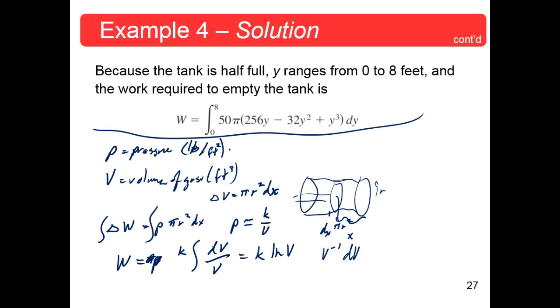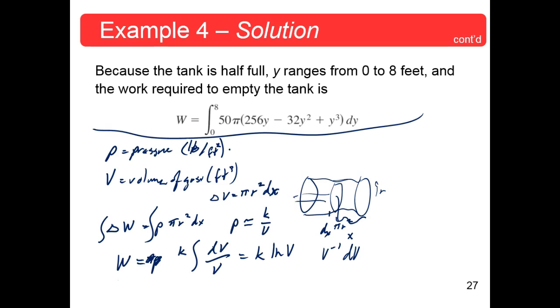So example 6 then is using that. A quantity of gas with an initial volume of 1 cubic feet and a pressure of 500 pounds per square foot expands to a volume of 2 cubic feet. Find the work done by the gas. Assume the pressure is inversely proportional to the volume.